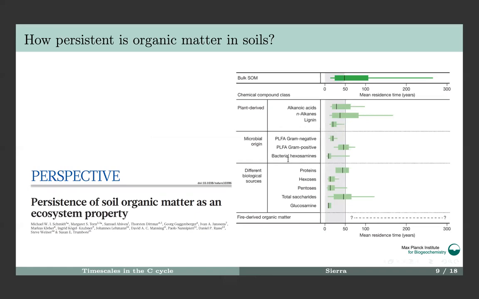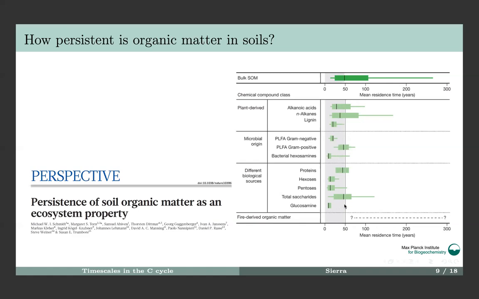In soils, there has been a lot of discussion about the concept of persistence. Some years ago, there was a very influential paper about the concept of persistence of soil organic matter in ecosystems as an ecosystem property. The main discussion in this paper was that if we look at very different chemical compound classes, the mean residence time of carbon in these compound classes can be very different.